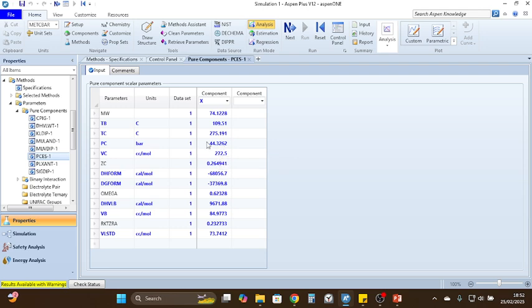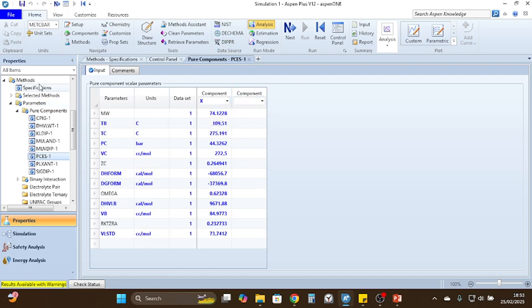If you remember, this RPCAS is a regression correlation model which is used for estimating the properties or the parameters of a pure component through regression. So from there they have calculated all this data.